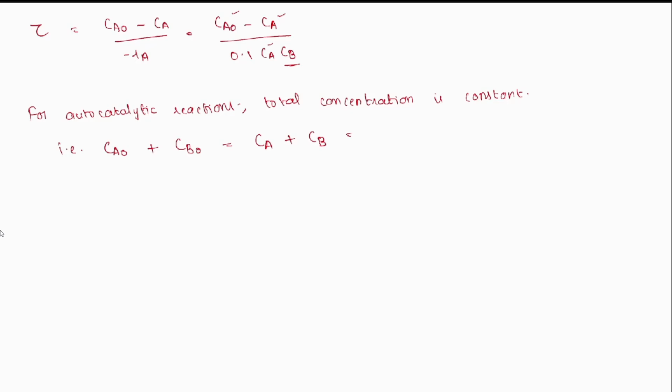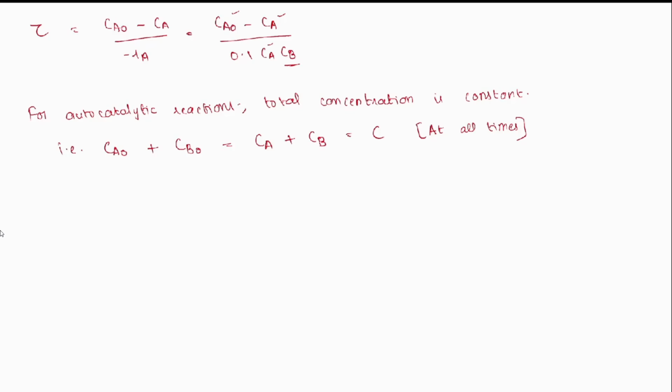That means the sum of the reactants initially fed will be equal to the sum of composition of reactant that is coming out of the reactor, and let us say it is equal to C, which is an arbitrary value, and this holds true for an autocatalytic reaction at any time. So basically Ca0 plus Cb0 is equal to Ca plus Cb for an autocatalytic reaction.